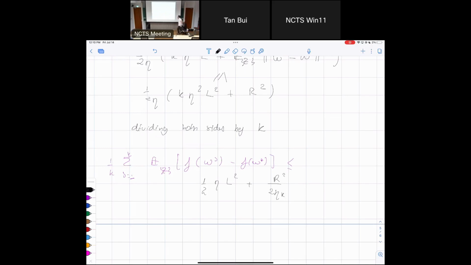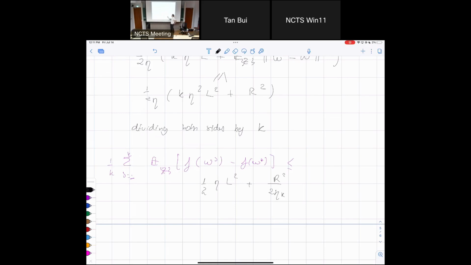You see that we're almost there. This is less than this plus this, which is a constant. What is the best eta? Up to this point, we didn't specify eta yet. We just said that every step has the same eta.